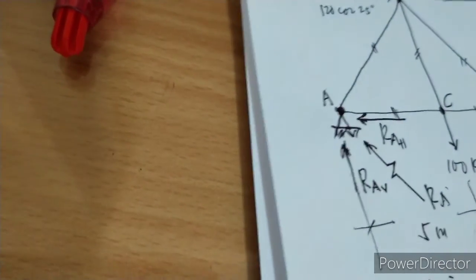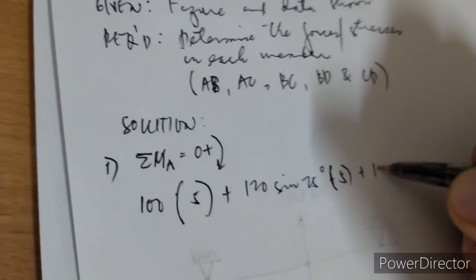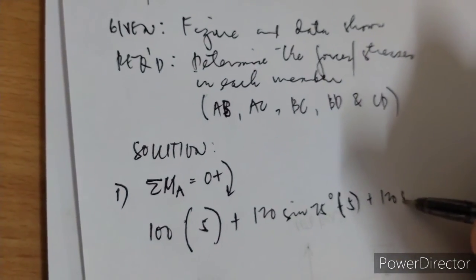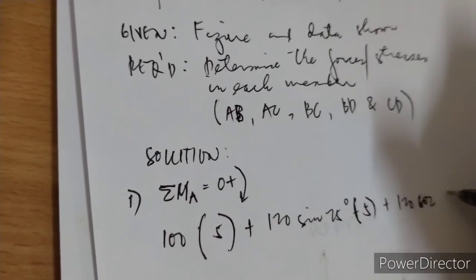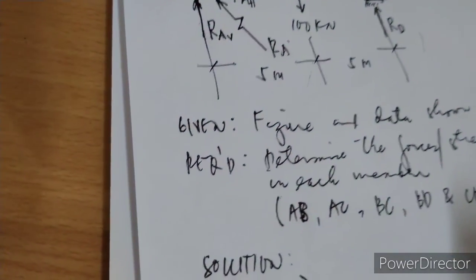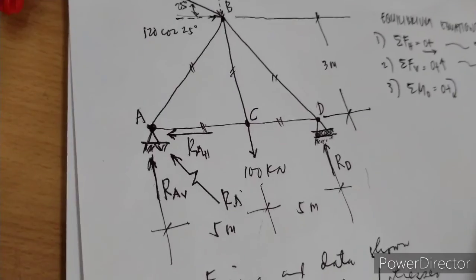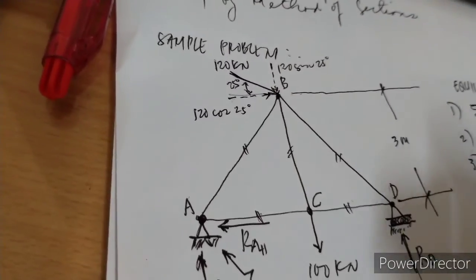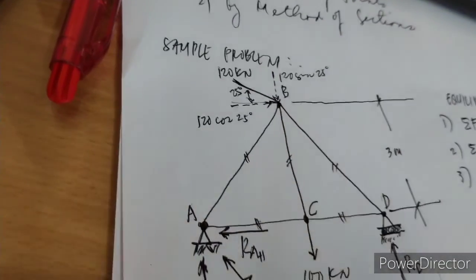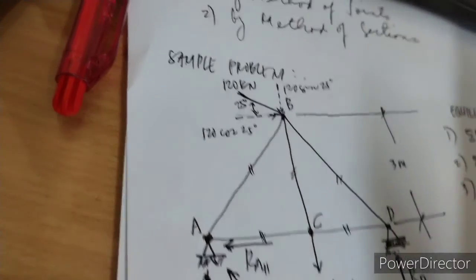So next is plus 120 cosine 25 degrees, this one. But what is the moment arm? Don't forget to include the moment arm, because we are having summation moments.